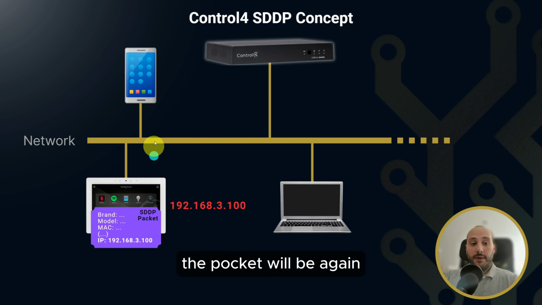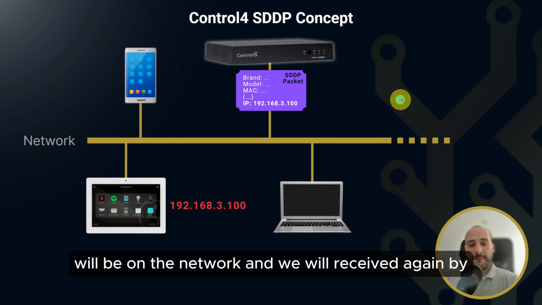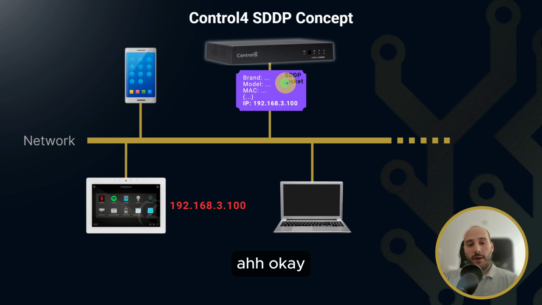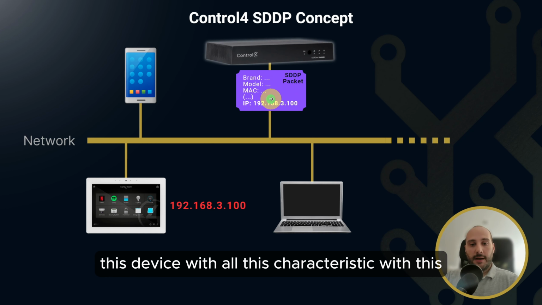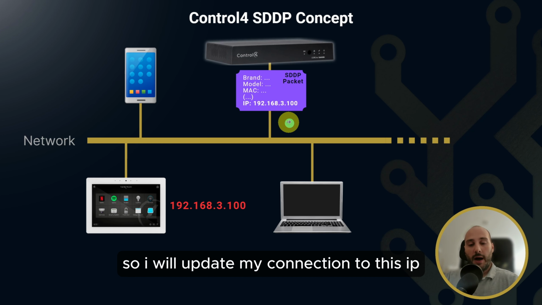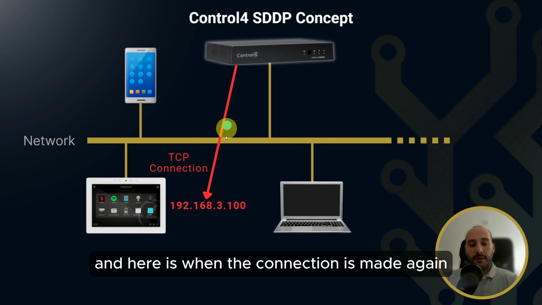That packet will be on the network and will be received again by the director. So the director will see, okay, this device with all these characteristics, with this MAC address and this SDDP ID, now has this new IP. So I will update my connection to this IP and I will try to connect again. And here is when the connection is made again.